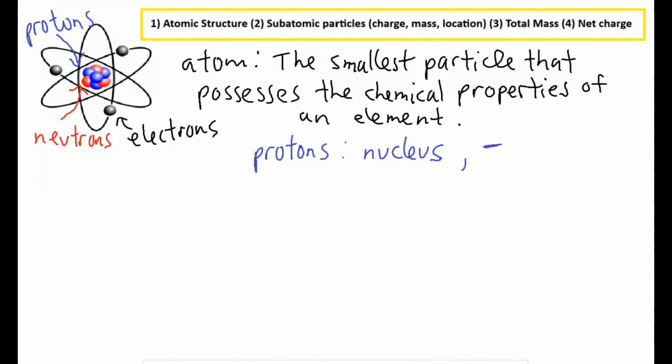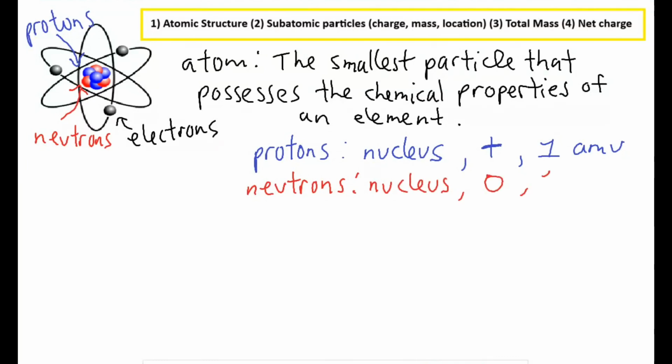That is a positively charged subatomic particle, and it has a mass of 1 AMU, which is 1 atomic mass unit. Now, the neutron is fairly similar. The neutron is also located in the nucleus with the protons, except it is neutral. It has no charge, but it also has a mass of 1 AMU.